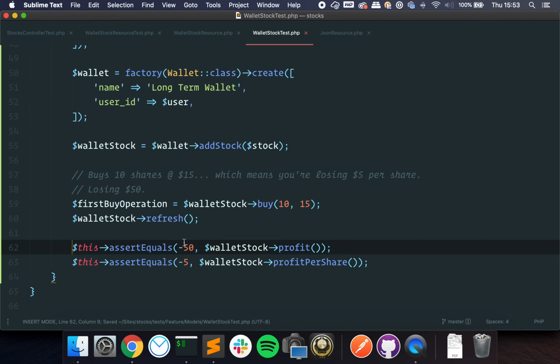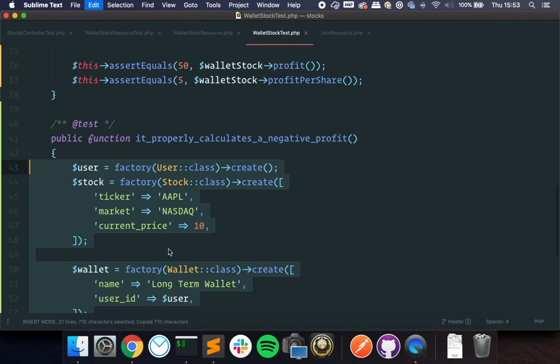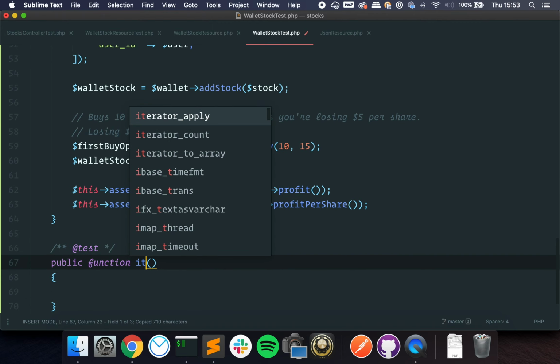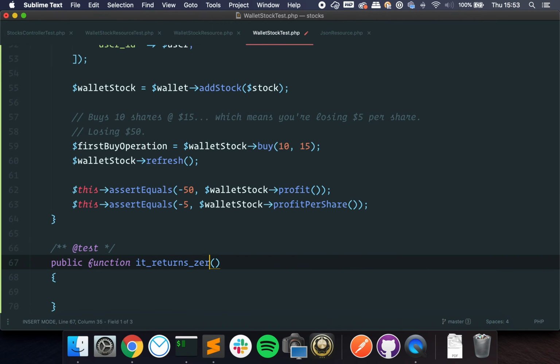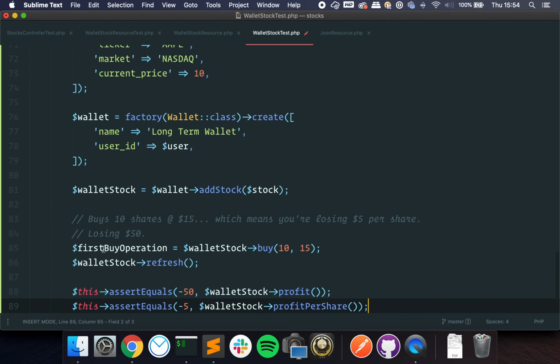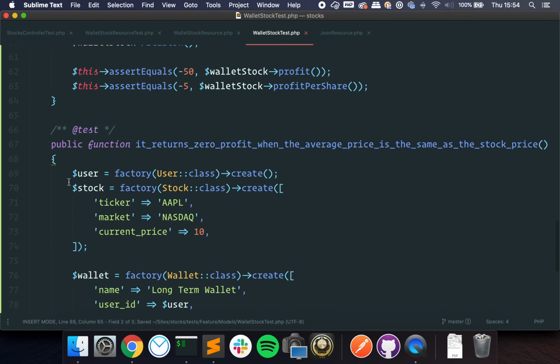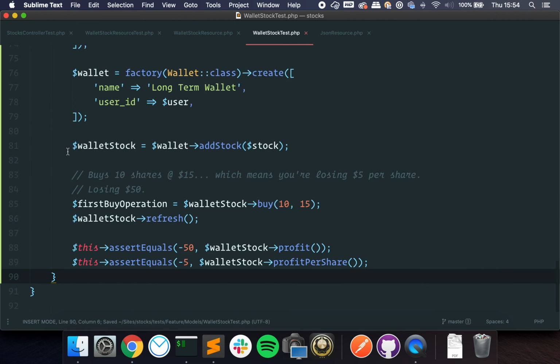For assertions. Oh, let's also make sure that it returns 0 profit when you don't have any shares, or when the average price is the same as the stock price. So you might think, why am I writing this?